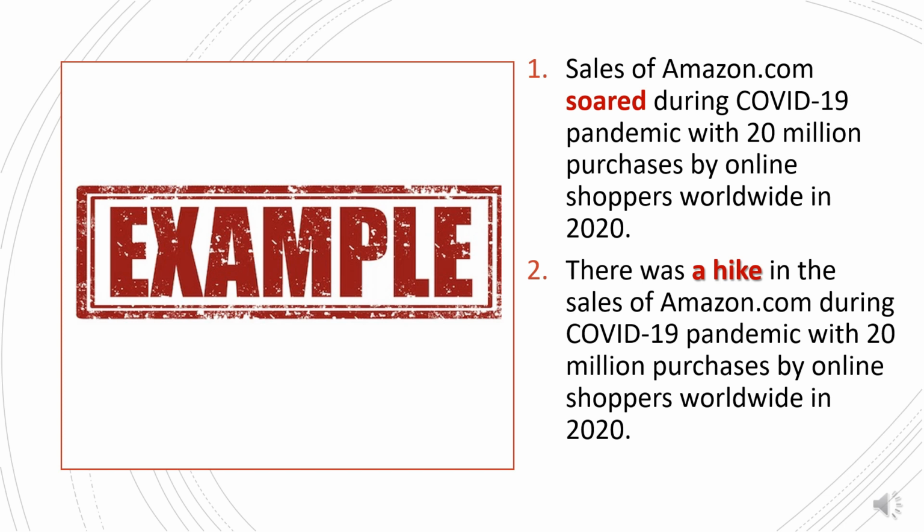Now, still using the same idea, but I change it to a noun: there was a hike in the sales of Amazon.com during COVID-19 pandemic with 20 million purchases by online shoppers worldwide in 2020. Remember, for analysis, you must have the key feature, the data, the trend, and also the time frame. I hope you can see that in the example given.